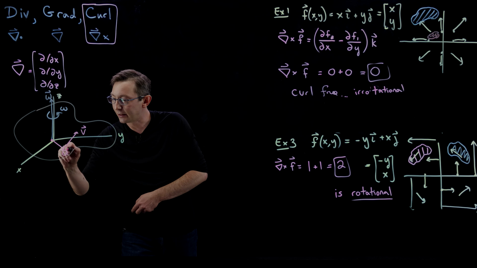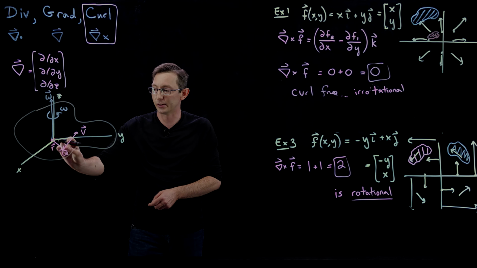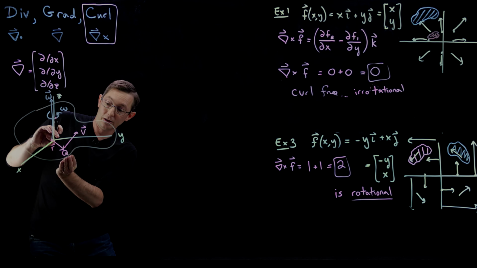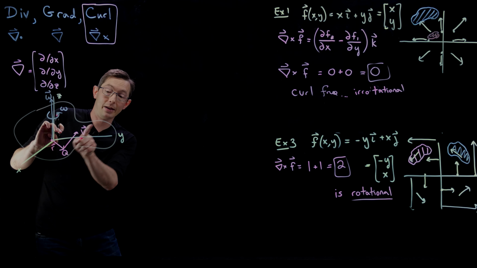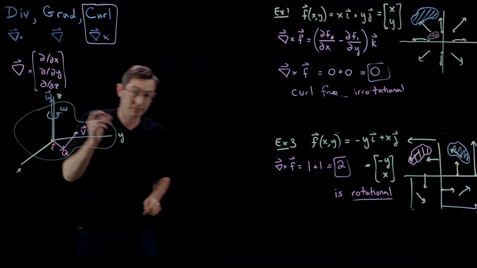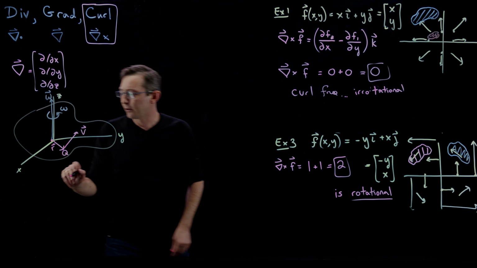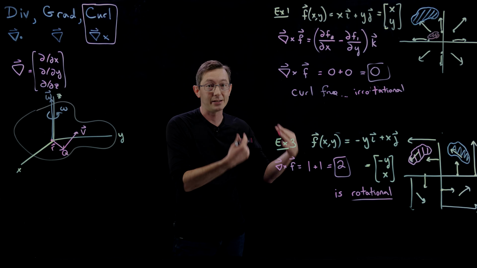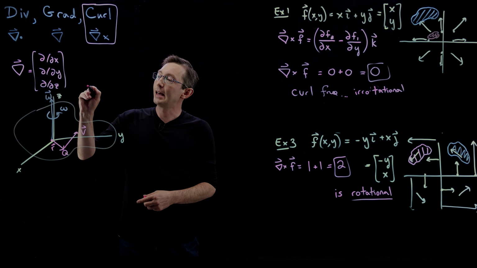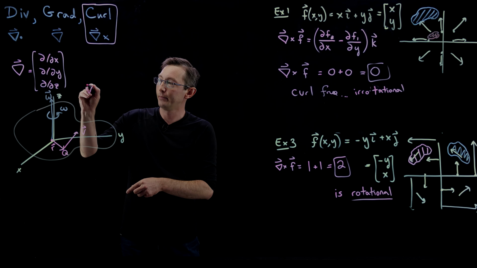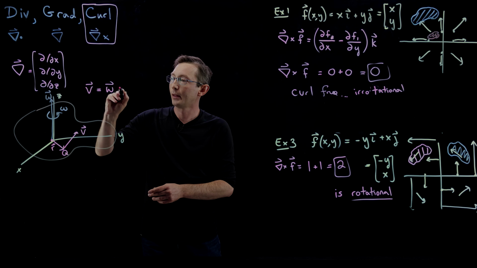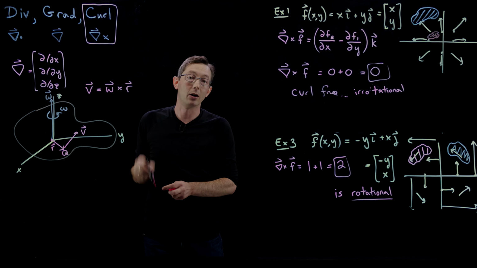Okay? And I'm going to say that this point Q is given by a radial vector r from the origin. So Q is defined as some r vector from the origin, and it is rotating. The rate of change of this is another vector v. And so the physical interpretation of curl that you've probably all learned in your physics class or in your calculus class is that this vector v is equal to my omega vector cross product with my r vector.